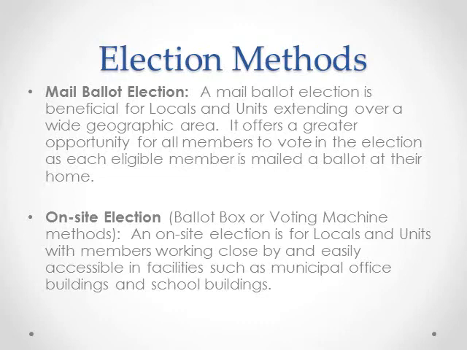So you can see with just general postage, you're going to be talking about a couple of dollars per ballot to do a mail ballot election, whereas an on-site election, by use of a ballot box, which you can in fact borrow generally from local election committees, would not cost that much money. So those are some considerations.